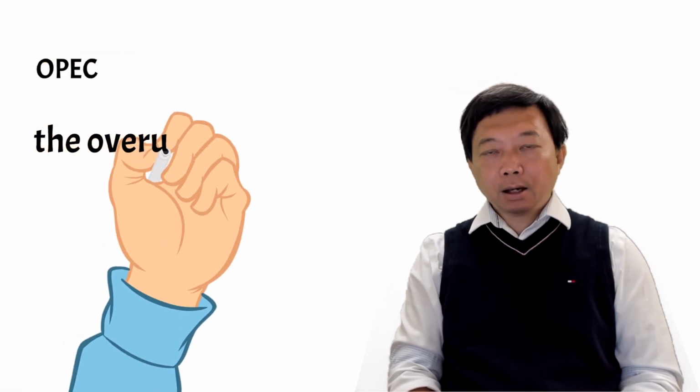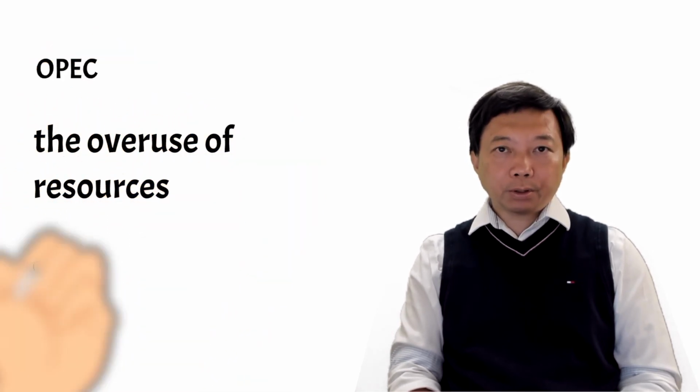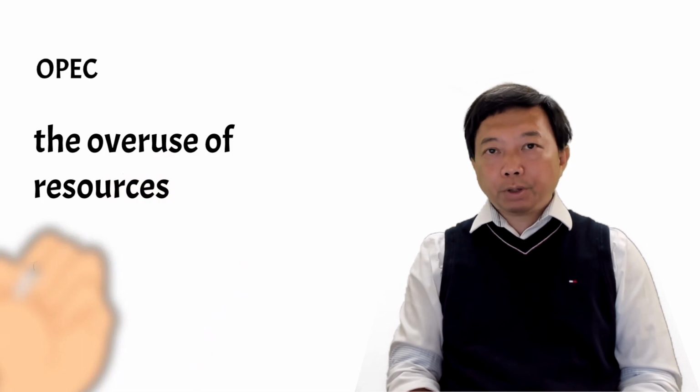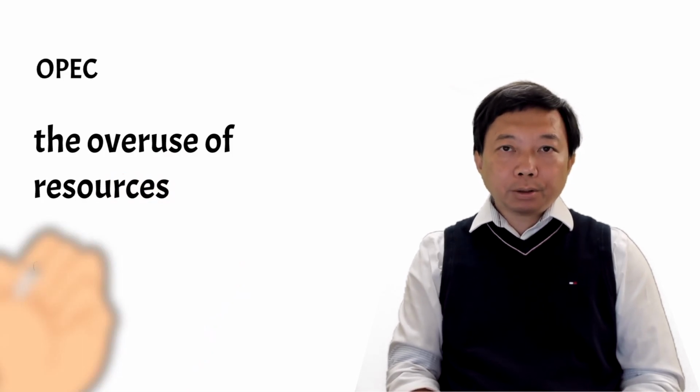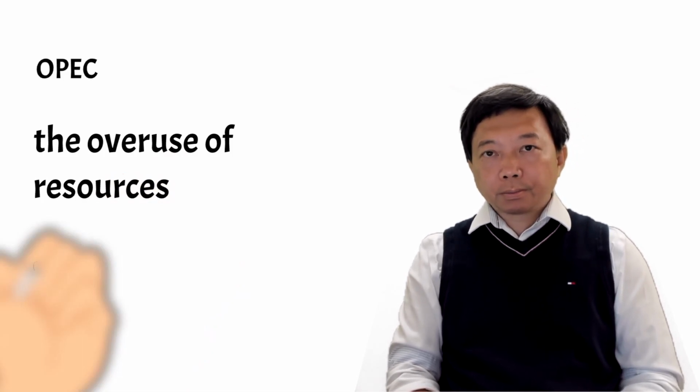But it is difficult to prevent member countries from increasing production. Another example is in the area of protecting marine fishery resources. How do we prevent the overuse of resources caused by the maximization of individual interests?